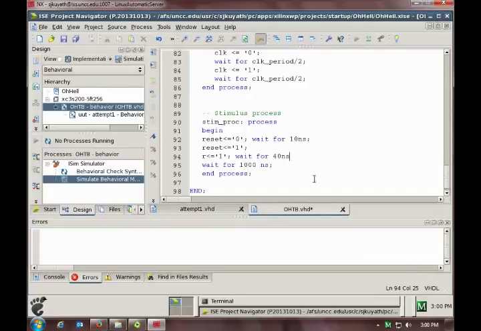Something's telling me I'm doing this one wrong, but let's see what happens. And then R is assigned a 0 again. Okay.